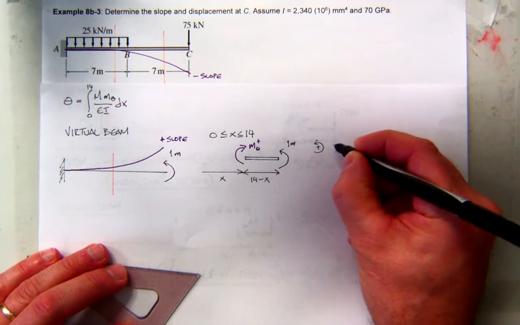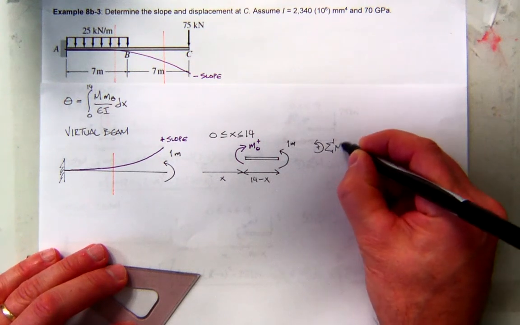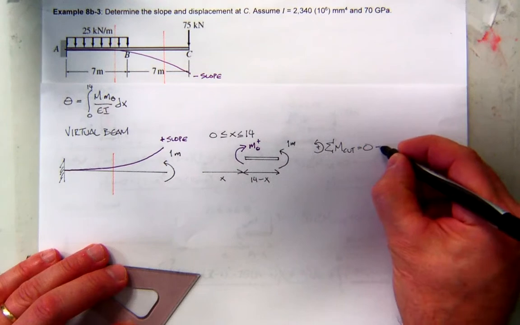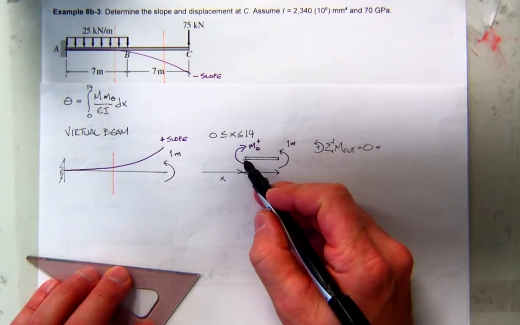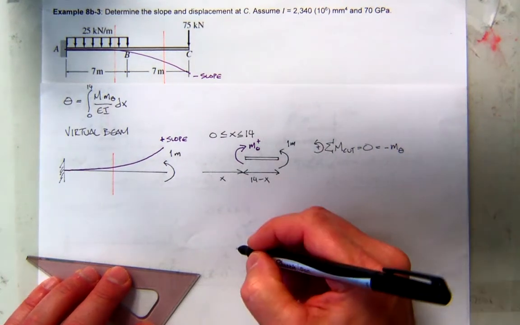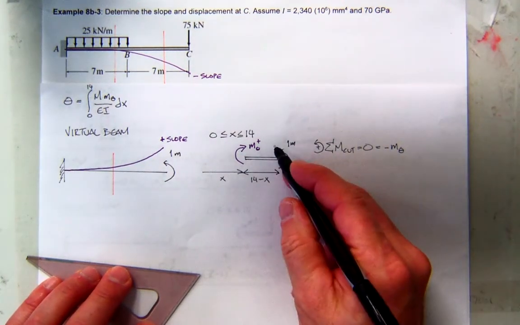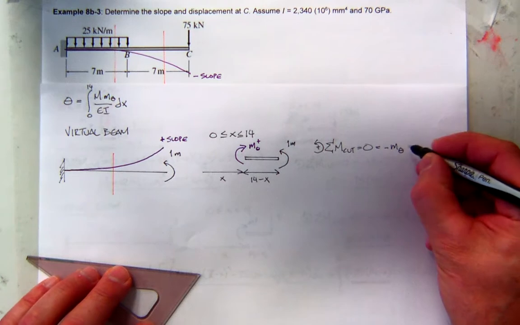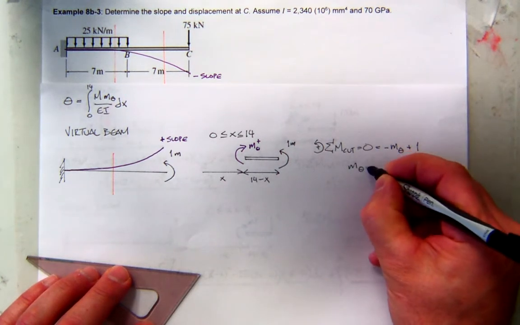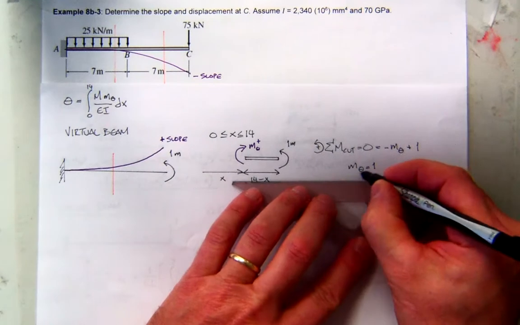Like we've done a few times before, we're going to sum moments at the cut we just made. And what do we have? We've got the internal moment, but with this sign convention, that's negative. And what else do we have? We've got the applied moment, which is positive. So it looks like the internal moment is simply just 1.